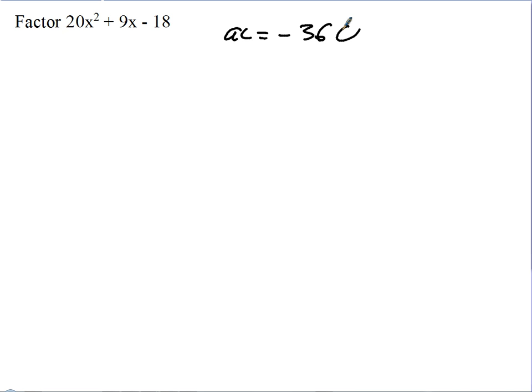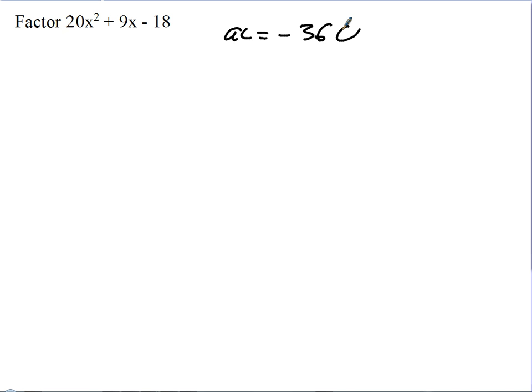So what can you tell me about the signs of those? One's positive and one's negative. Which one's bigger? Positive's a little bit bigger, right? And so all I've got to do is make a list of factors, positive and negative, that multiply to negative 360 and add to 9.